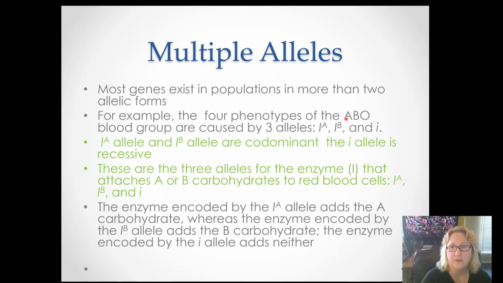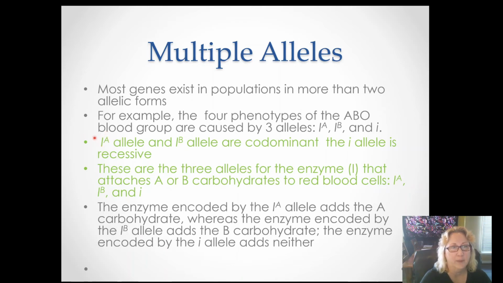So for blood type, you either have A, B, O, or AB. Those are the possible blood types. There's one gene that codes for an enzyme, and that's why we use the letter I here to represent the allele.